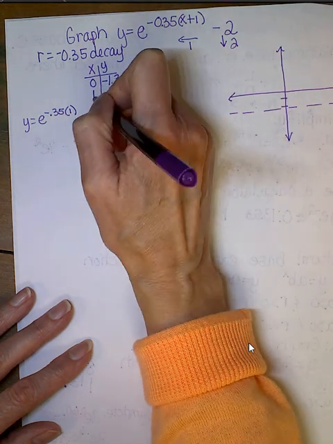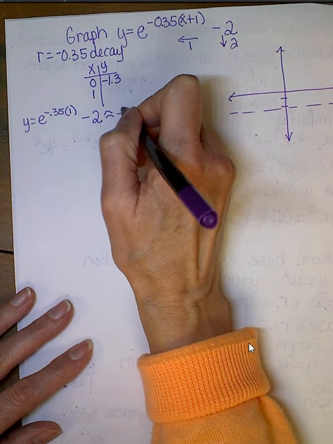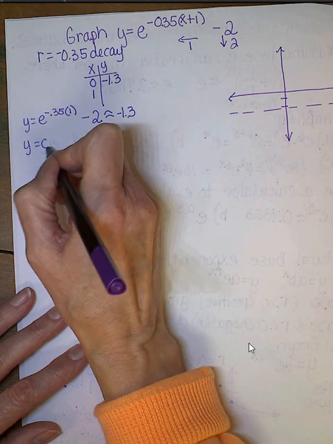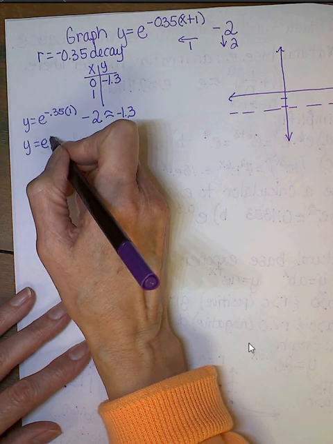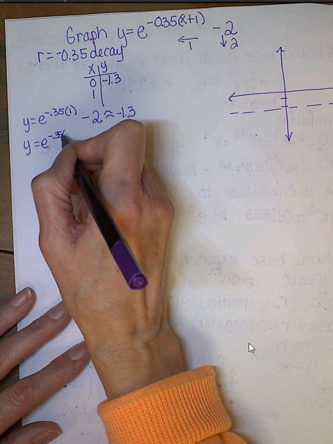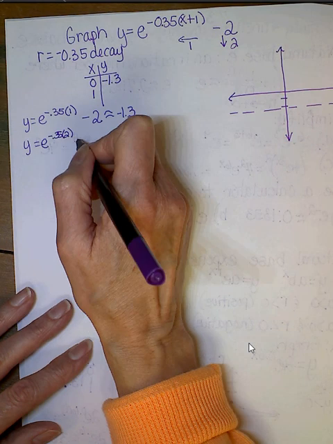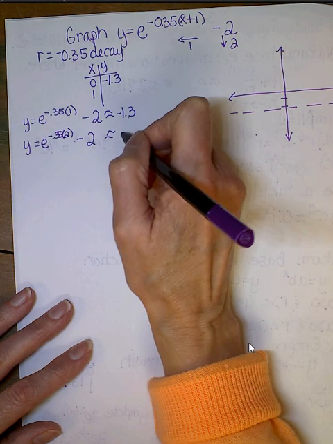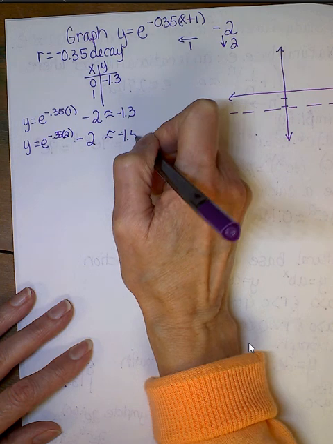If we plug in 1, we do the same thing, but this time we're going to get negative 0.35 times 2, and then minus 2. If we enter this in the calculator, we get a close number, negative 1.5.